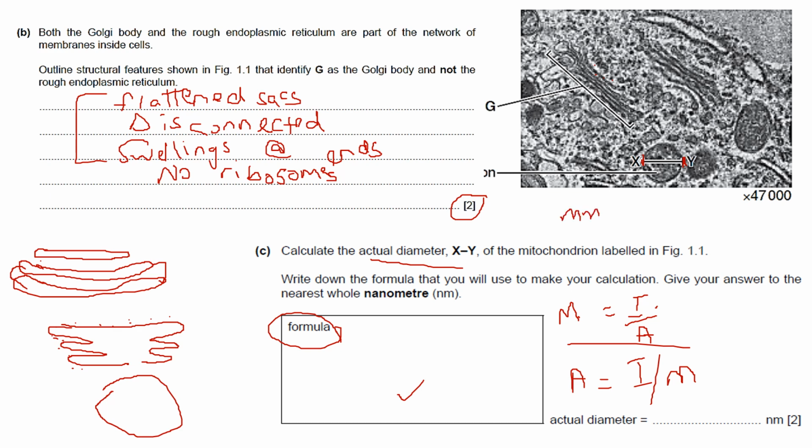The question says to give your answer to the nearest whole nanometer. So you measure this in millimeters and then you convert it to nanometers. And you know that from millimeters to nanometers is basically times 1000. So that then becomes your image length. It would be whatever you measure here times 1000 divided by the magnification.